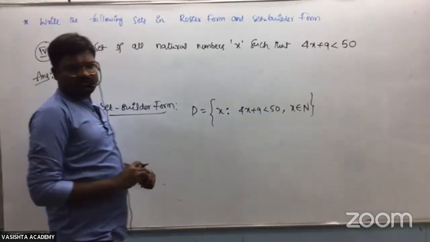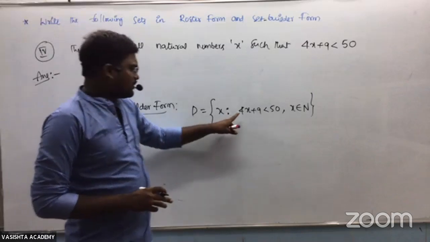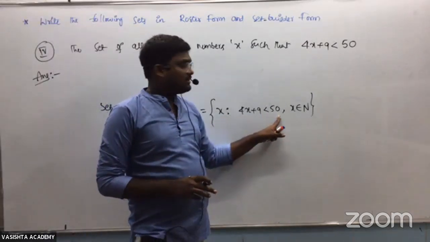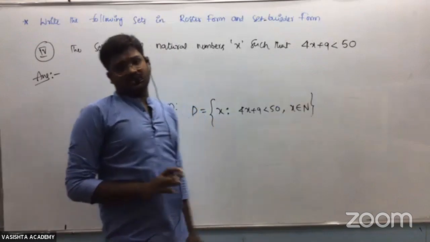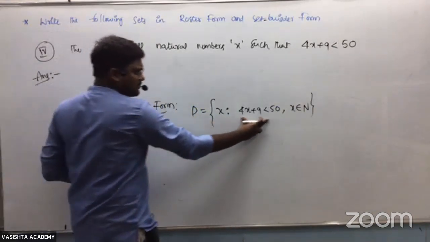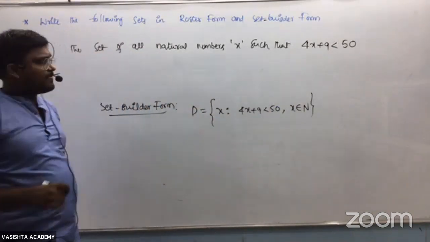Set builder form is very simple, isn't it? x such that 4x plus 9 is less than 50, where x is a natural number. So this is the common property for all the elements of this set.